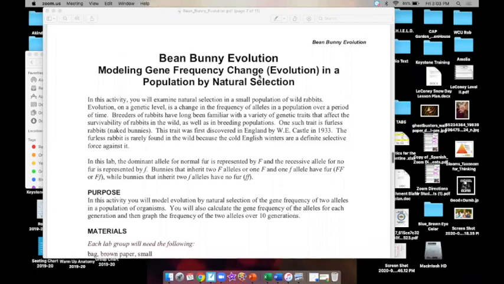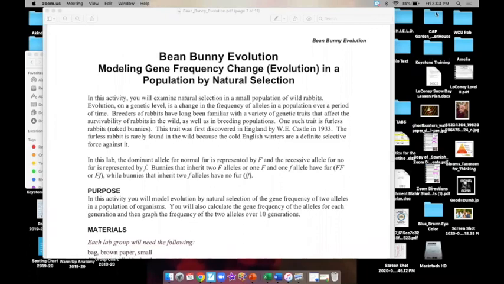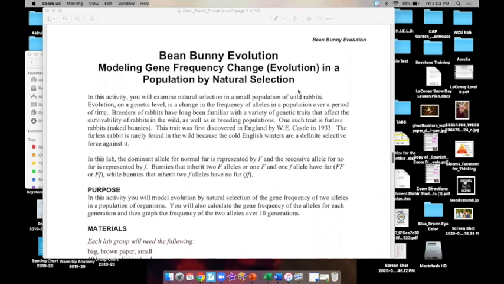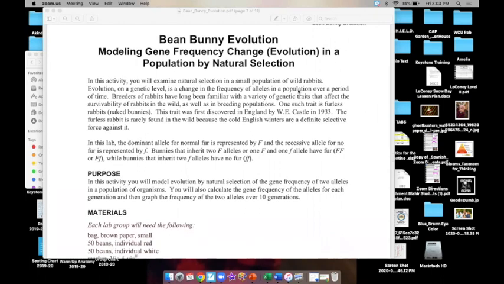All right. This is called the Bean Bunny Evolution Project, modeling gene frequency change or evolution in a population of natural selection. Right. This is a weird term here, gene frequency. This is just a really fancy sciencey way of saying how often this gene shows up.